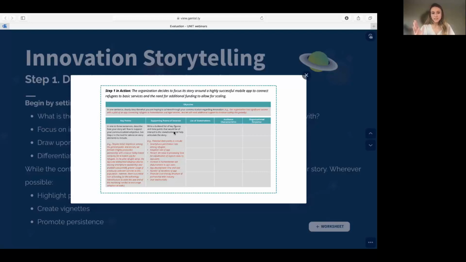Then the key points is to describe how your story will flow to support your communications objective. And then the supporting points of interest is to bring data points, key figures that support the key points and ultimately the objective described above. And then in step 2, we will focus on the empty part of this worksheet.